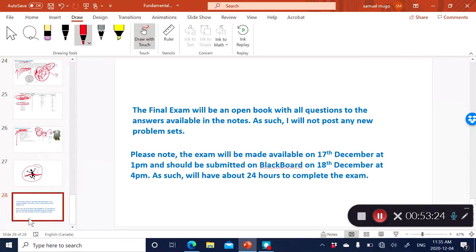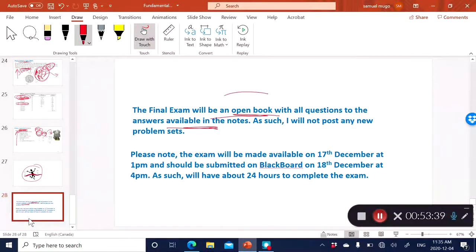If I can mention very quickly, the final exam will be open book, and all the questions really are gonna come from the notes, okay? So you don't have to really worry, you just need to revise the notes.